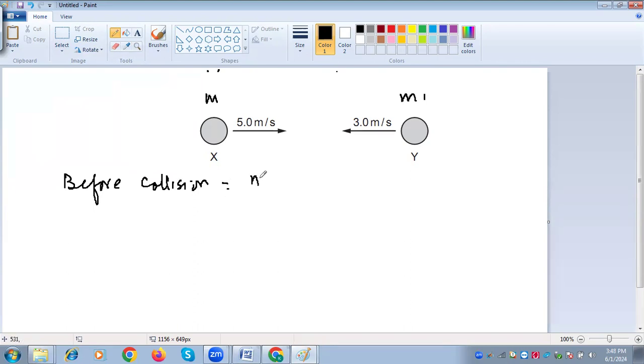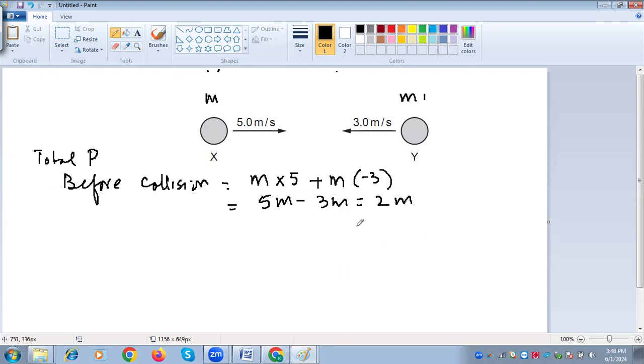It is equal to M into 5 plus M into minus 3. Total P I'm writing, P is the famous symbol for momentum. Total momentum before collision is 5m minus 3m. That is 2m.